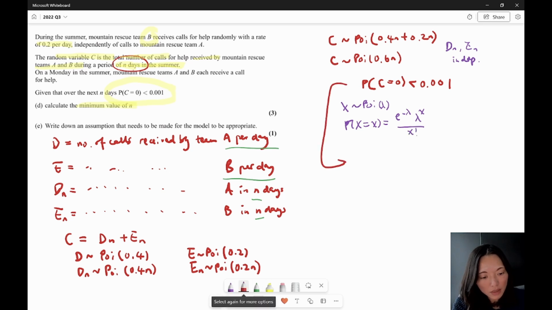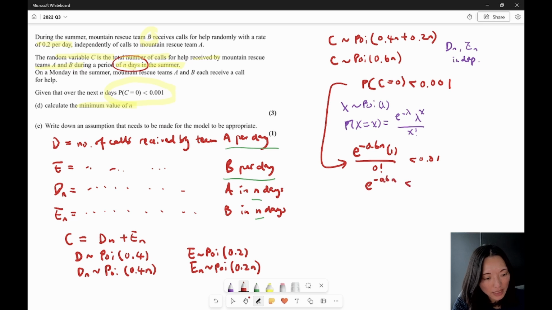Therefore, the probability of C equals 0 is e to the minus lambda, which is 0.6n, lambda to the x, because x is 0, that's 1, and then it's 0 factorial, which equals 1. Simplifying this inequality, we get e to the minus 0.6n is less than 0.001.